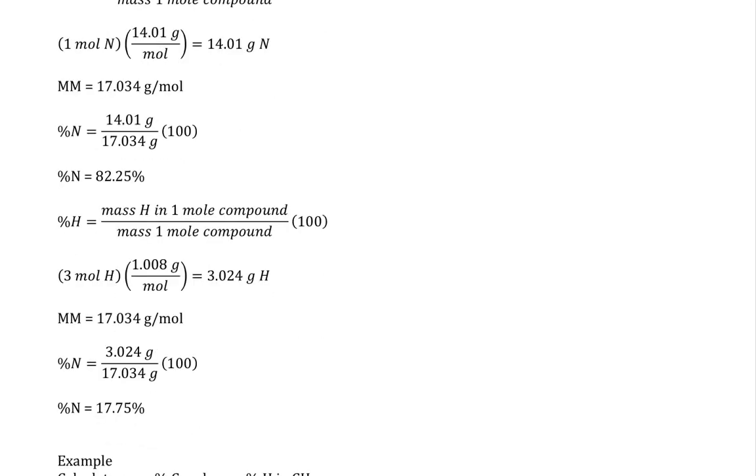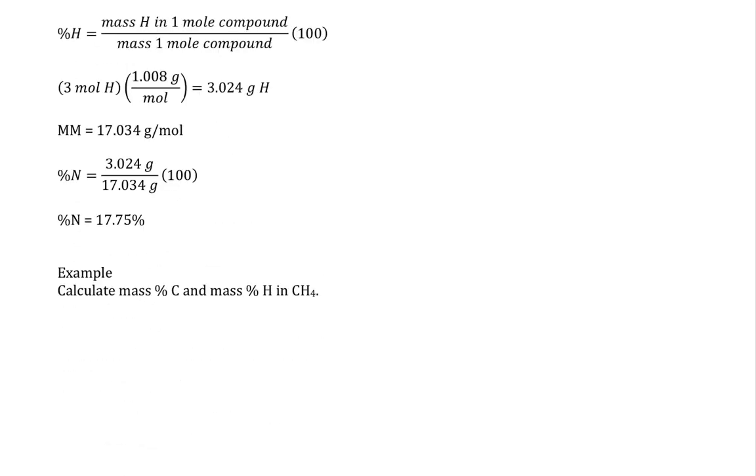The percent H is the mass H in 1 mole of compound divided by the mass of 1 mole of compound times 100. In ammonia, in 1 mole of ammonia, there are 3 moles of H. So we take 3 moles times 1.008 grams per mole. I'm using 4 sig figs for the molar mass of H so that I can report 4 in the end.